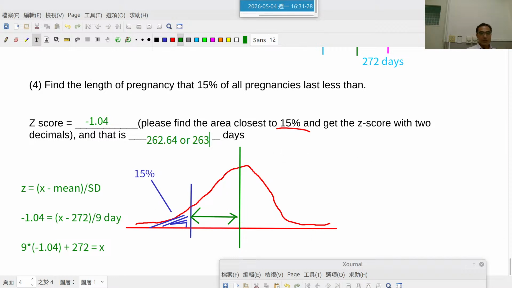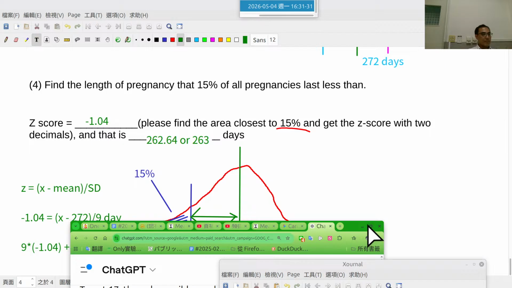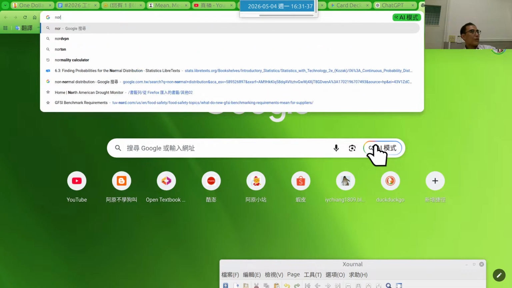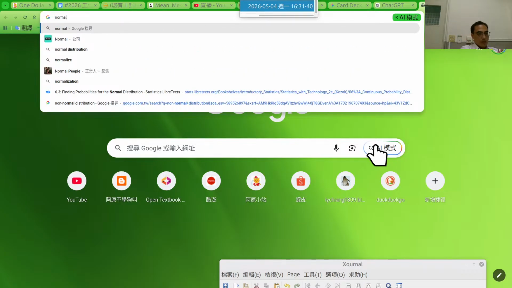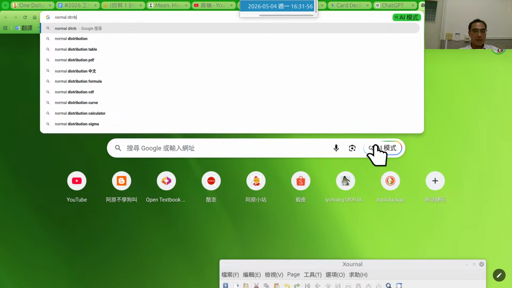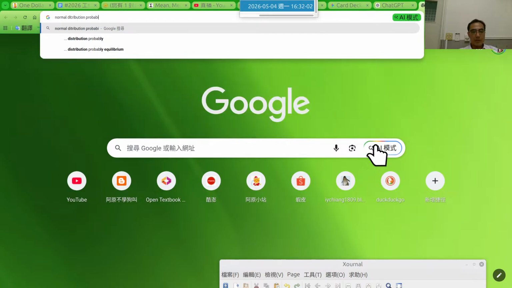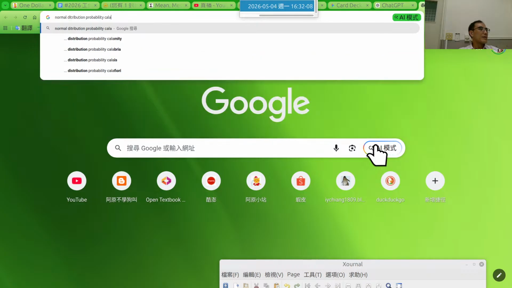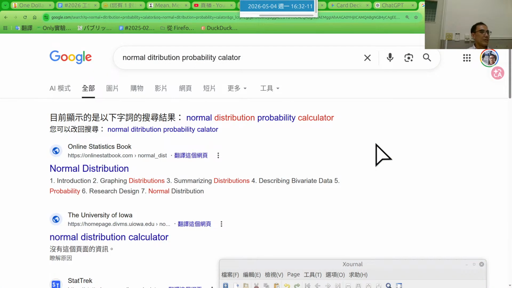Okay, if you are interested, you can use the website. You can use the normal distribution probability calculator. Oh, sorry, I misspelled it.